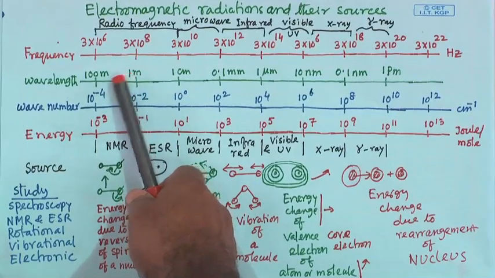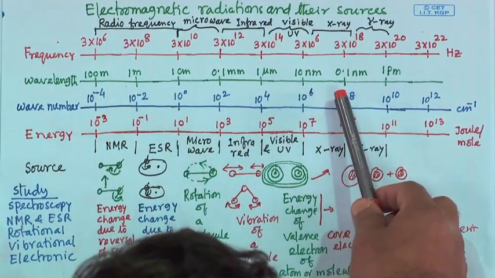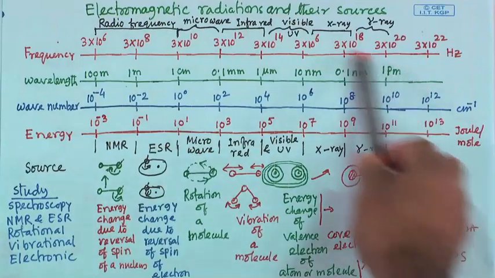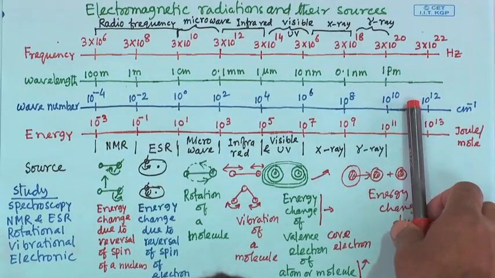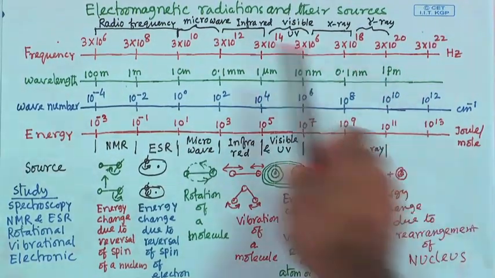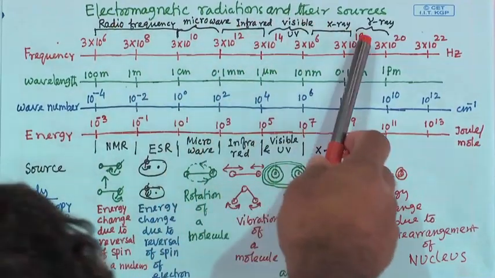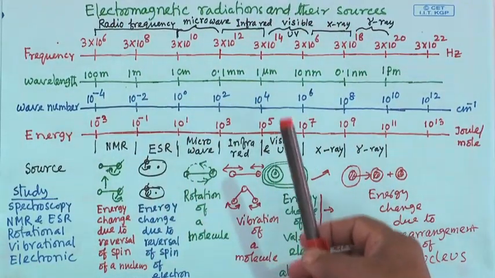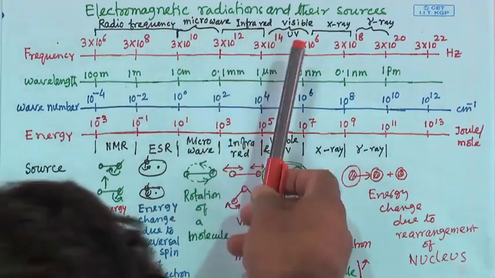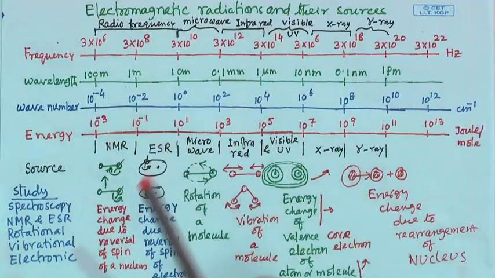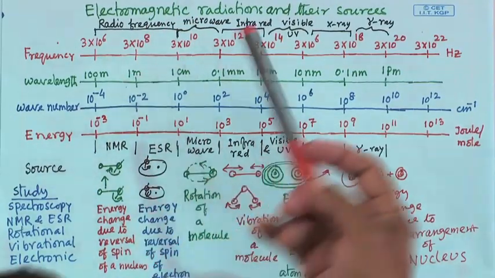What is the source of this radiation? Radiation of different kinds, although all are electromagnetic waves, are given different names basically based on their source, from where it is coming.